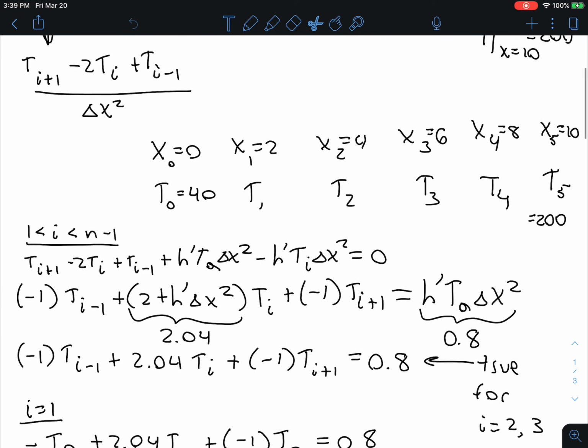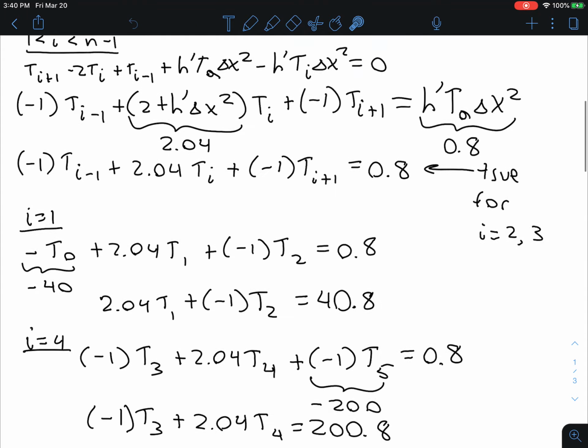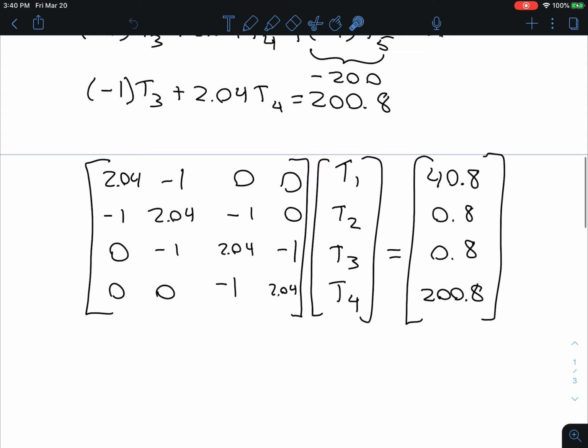And notice that the way we addressed the previous matrix setup, we said we know T0 is 40, we know T5 to be 200, and so our only unknowns are four unknowns, T1 through T4. So that's why we ended up with a 4x4 matrix problem.